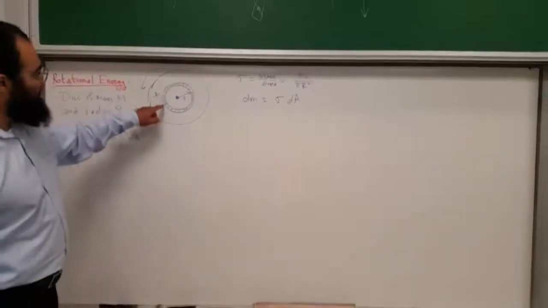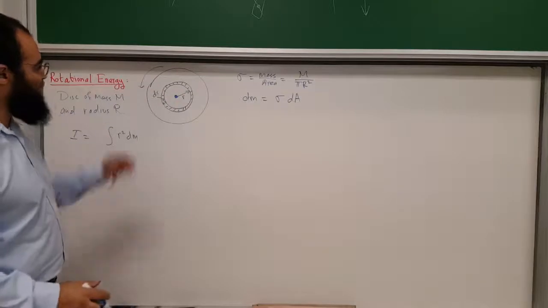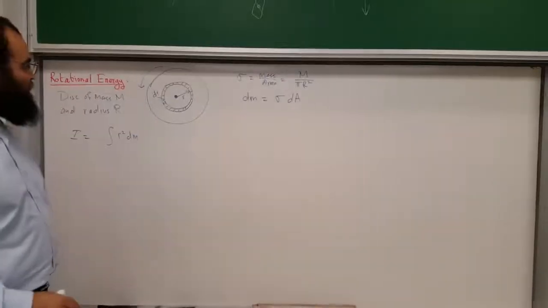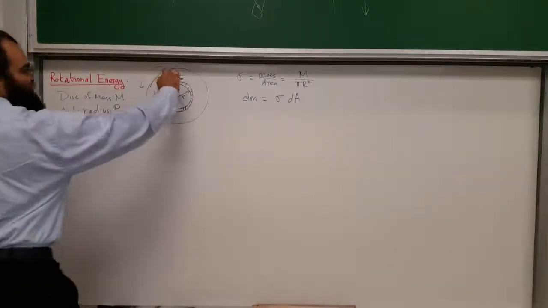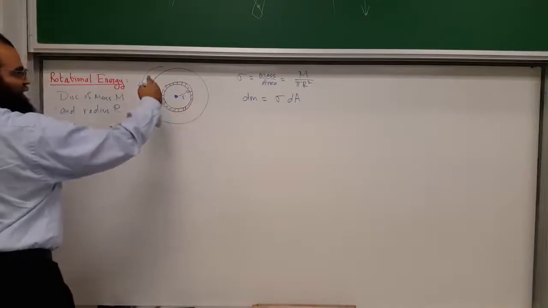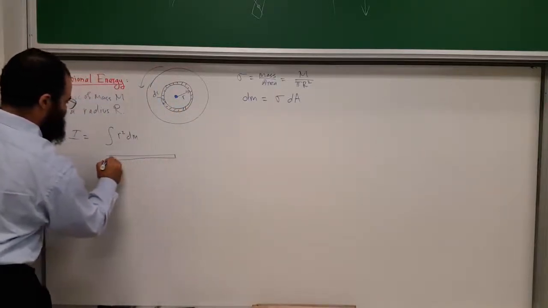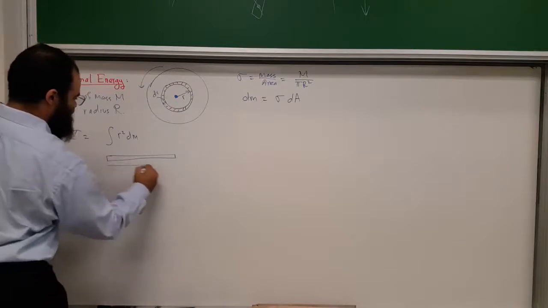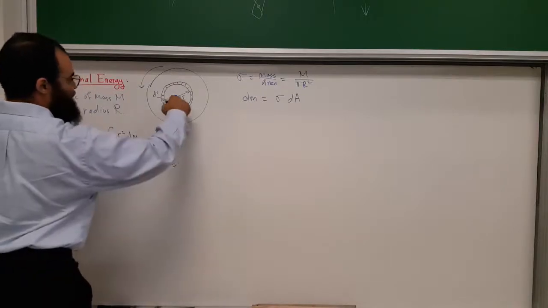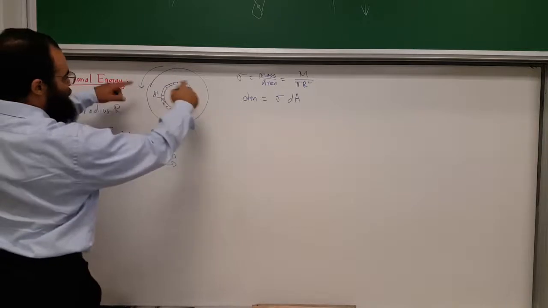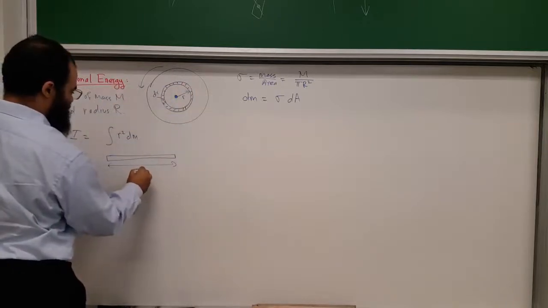So the question is, what's the area of this ring of thickness dr? Well, imagine you have a ring like this, cut it and open it. You will have a strip that looks like this. The length of that strip, if this is r, will be 2 pi r.